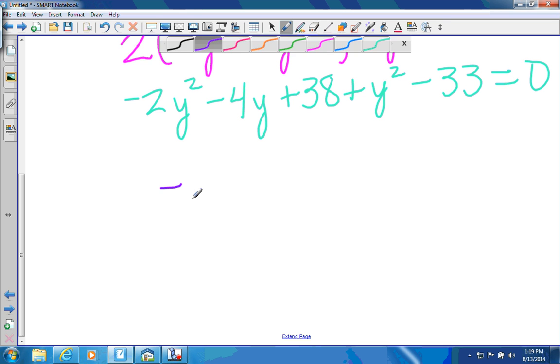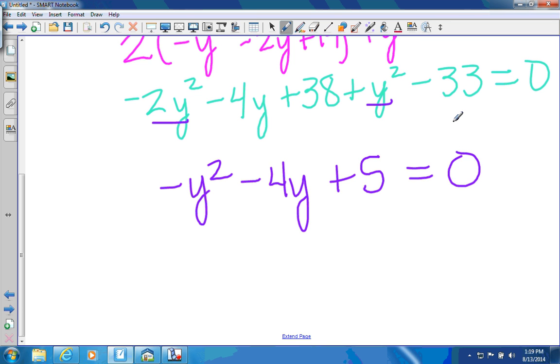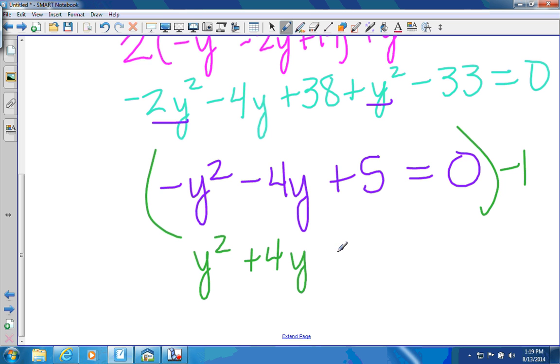Then multiply this whole equation by negative 1, y squared plus 4y minus 5 equals 0.